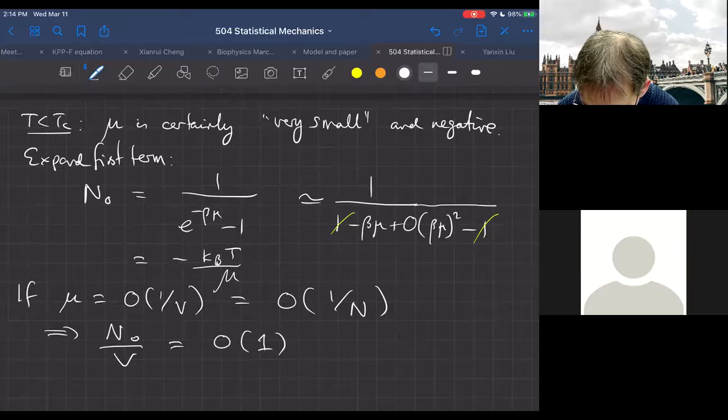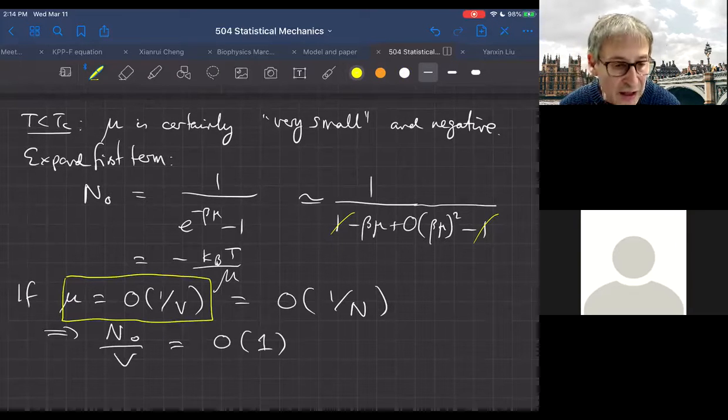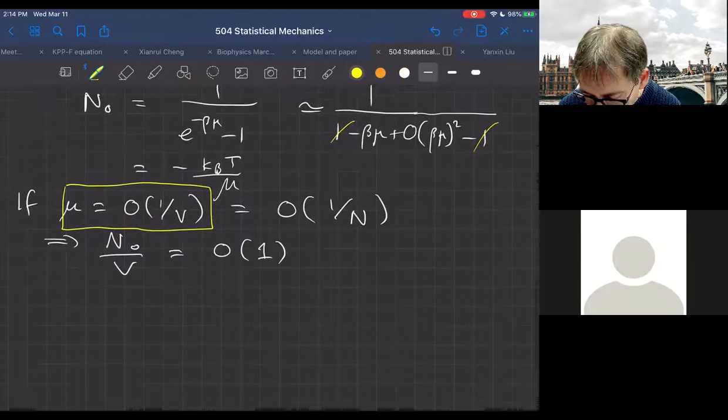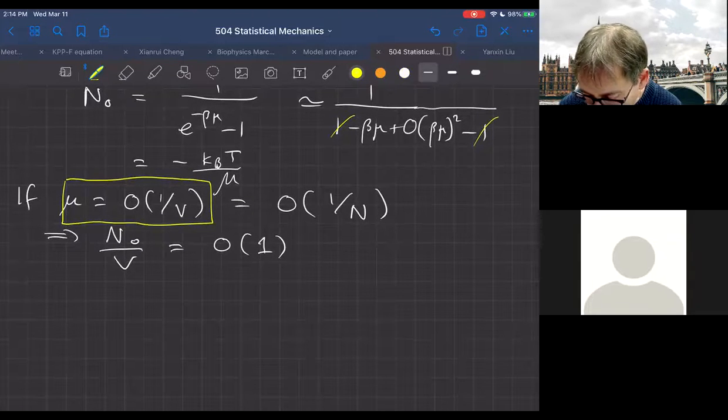And so this is our claim that mu is small, and how small it is depends on the size of the system. Asymptotically, as the system size goes to infinity in the thermodynamic limit, mu is getting smaller and smaller, scaling like 1 over N or 1 over V. If that's the case, then the number of particles in the ground state is also scaling like that, and so N0 over V is of order unity.